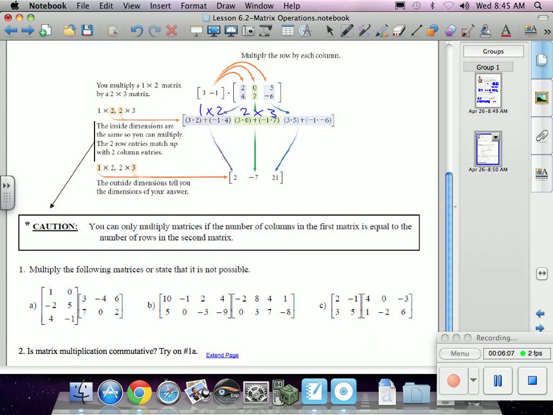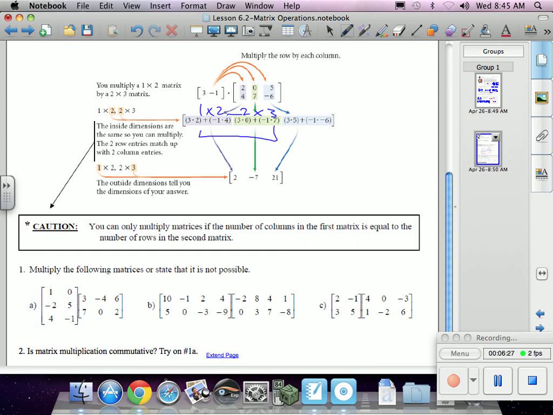And the exterior dimensions, so this is a little text. Every time you do a multiplication, you should write down the dimensions and see whether it's okay to do that, okay? And if the interior dimensions match, then you can do it. The exterior dimensions tell you how big the resulting matrix will be.